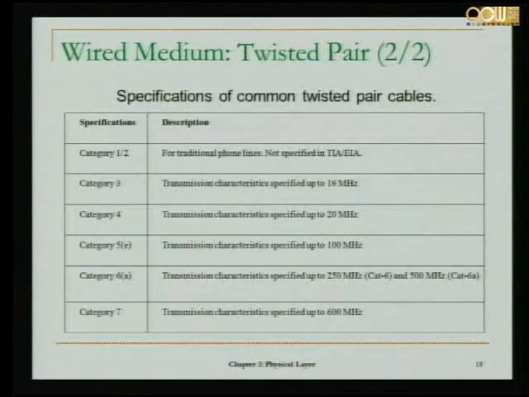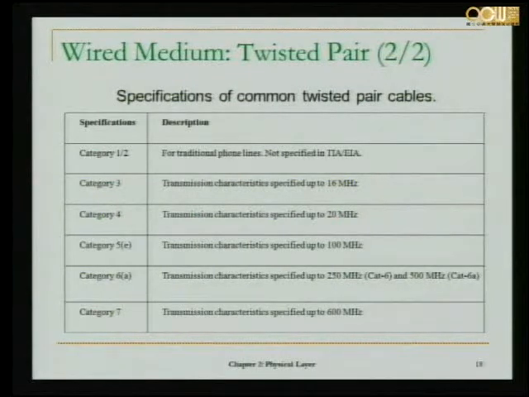And the traditional telephone line is only category 1 or 2, so it has very few twists per inch. So it wouldn't go far. You wouldn't use a traditional telephone line to do high speed bit rate over a long distance.